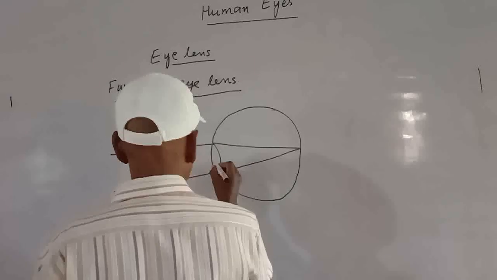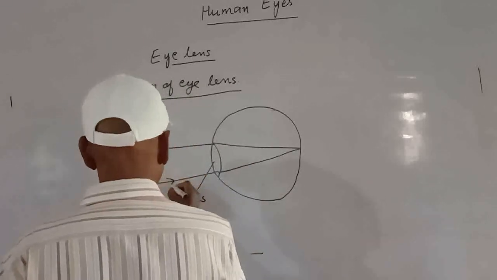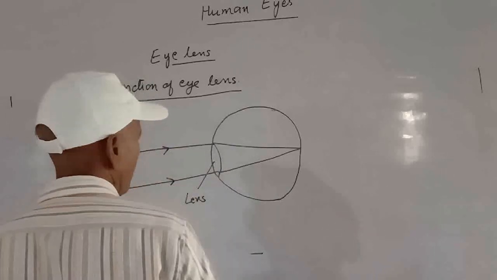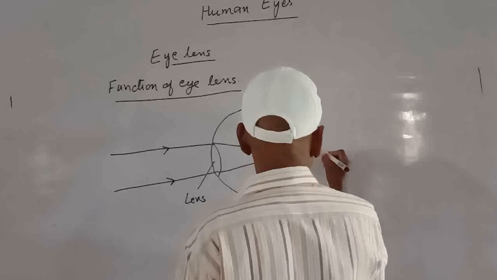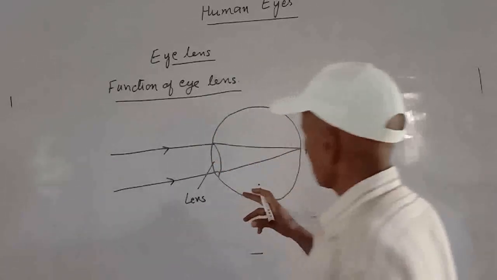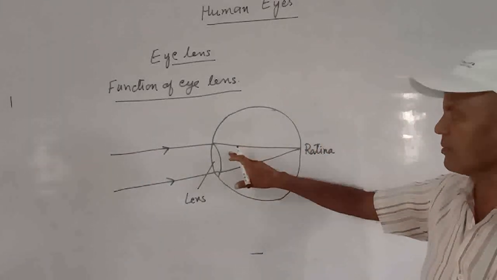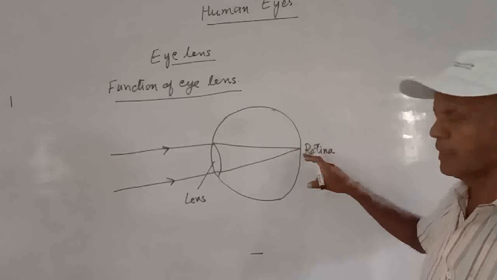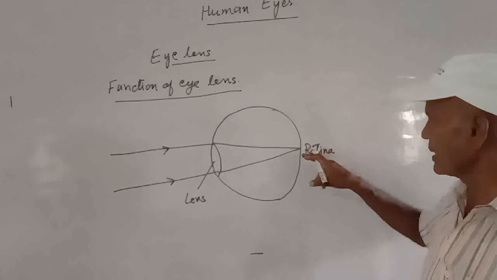This is lens. This is retina. It is convex lens. Image is formed on the retina, which is real and inverted.